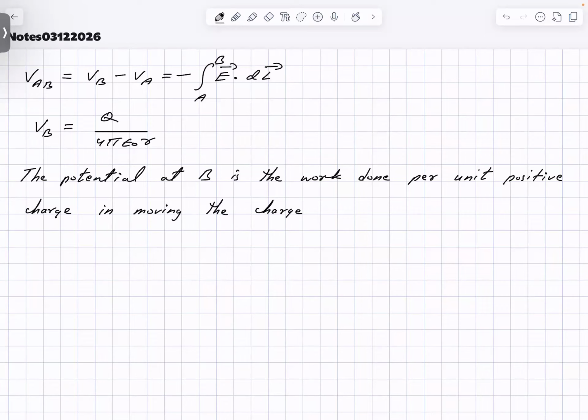But if we're talking about just potential, not difference, then it is the work done in moving the charge from the reference point to the point where we are measuring the potential. And the reference point is infinity. So in moving the charge from infinity to B, and at B, that is where we are measuring the potential.